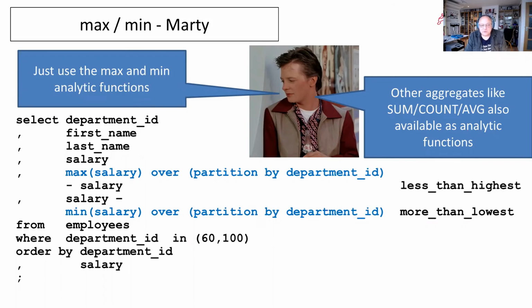So you can just subtract that from salary, or salary from the max, and you get exactly the information that you want. And there are other aggregate functions like this as well, sum, count, average, that we've used before. And you can just use it like this.